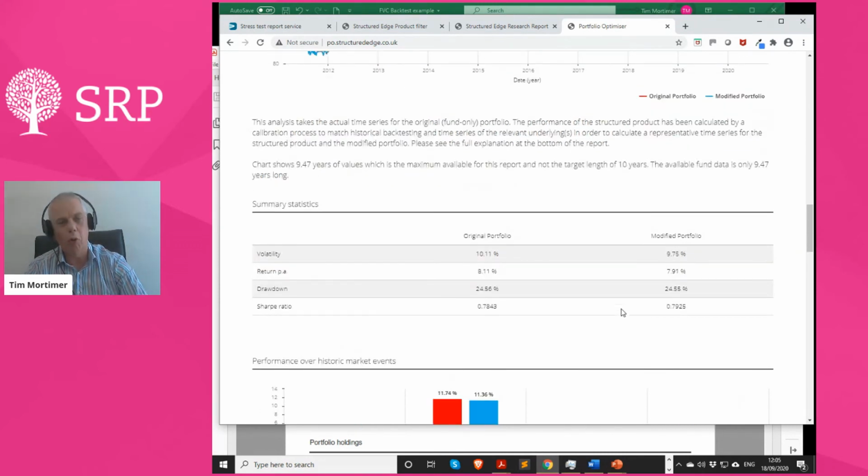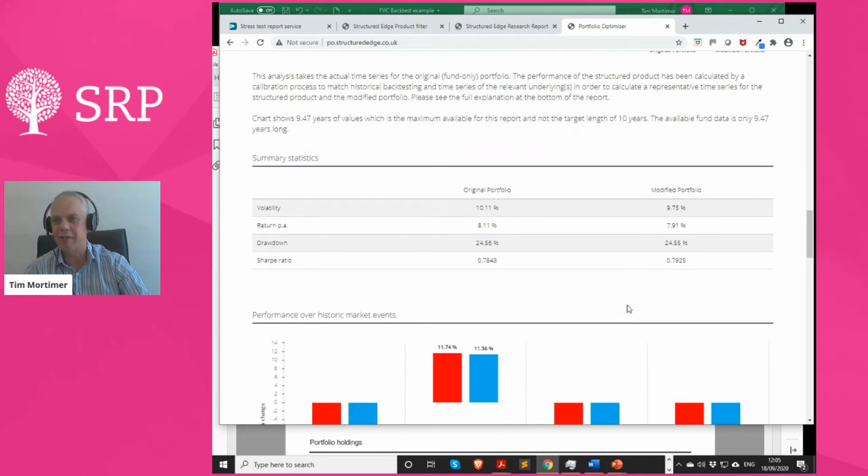Now, it hasn't changed an awful amount, but you have to remember that all we did was put 10% into the portfolio. The other 90% is the same as it was before, so it's not going to change hugely. And also the structured product was linked to the UK and US markets. The portfolio had exposure to those markets and other markets. So in the underlyings, you haven't suddenly replaced equity with property or commodities.